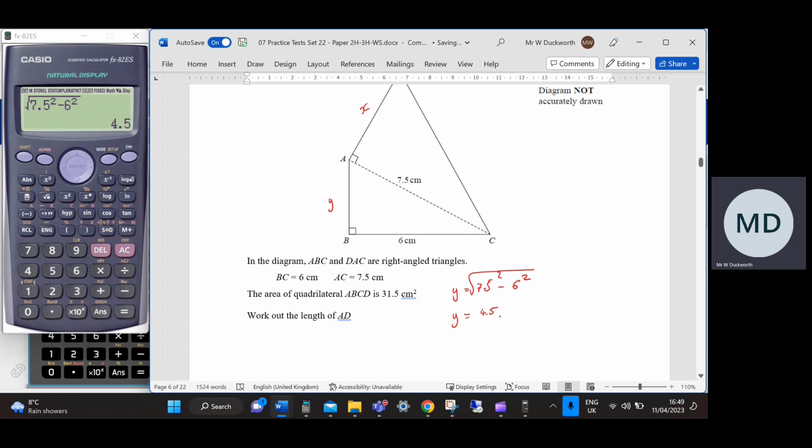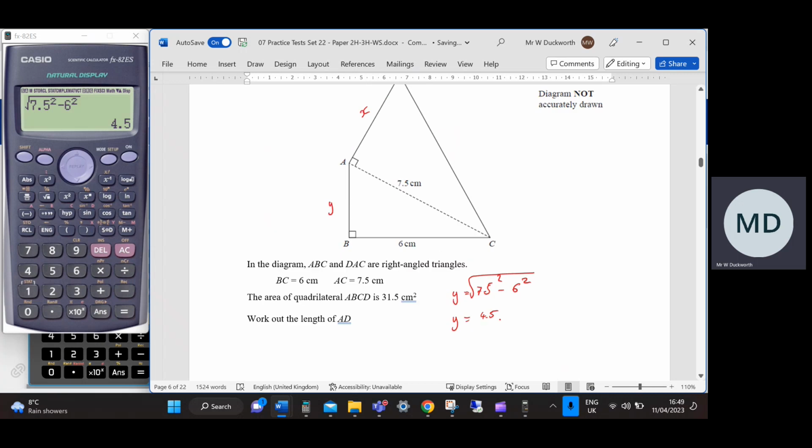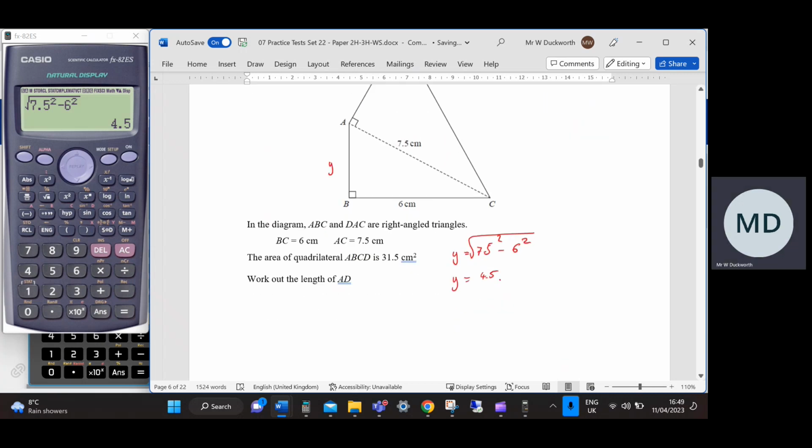Okay, so what I'm going to say is that for triangle ADC, the area of ADC is going to be equal to the total area minus the area of the triangle.